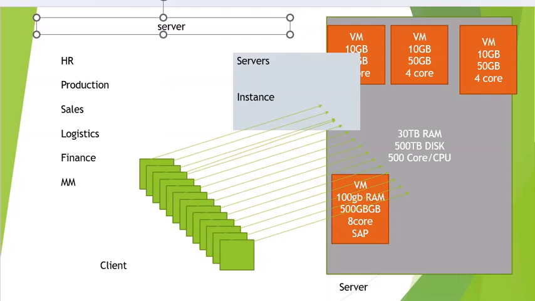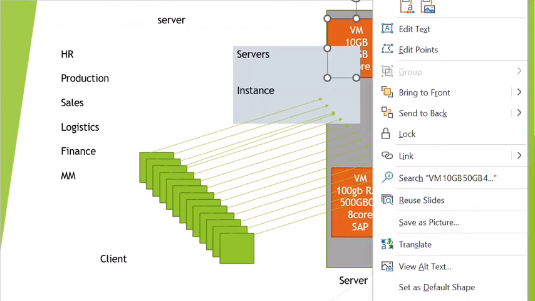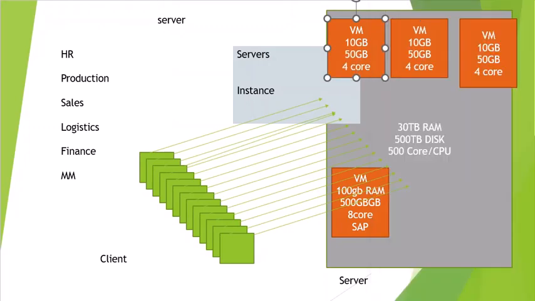If you see, I have a big server with 30 terabyte RAM, 500 TB disk, and 500 cores, which are nothing but processors. My company bought it. Now HR is asking me to provide 100 GB RAM, 50 GB hard disk, 4 cores computer.